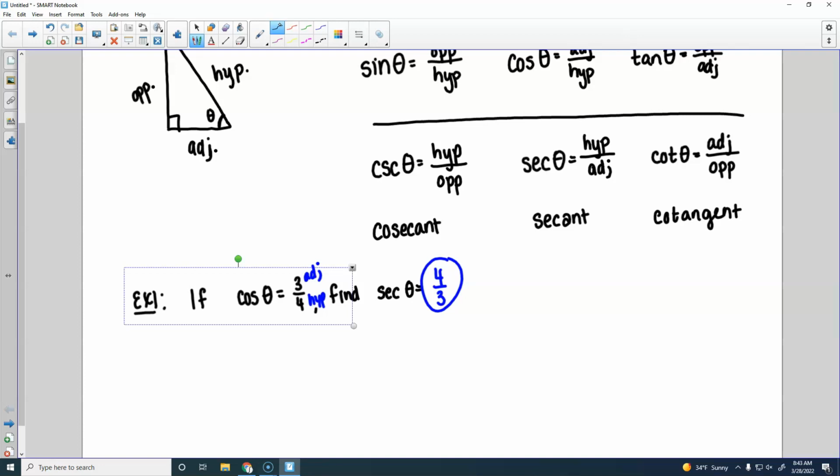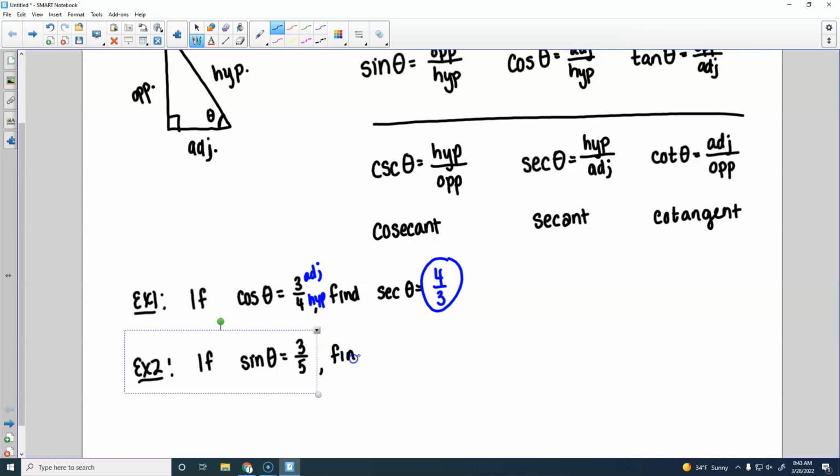Another type of problem that you're going to get is something like this. If sine of theta equals 3 over 5, find cotangent of theta.